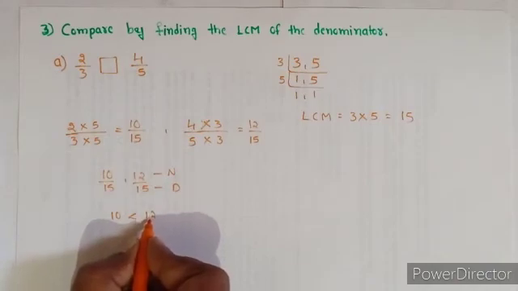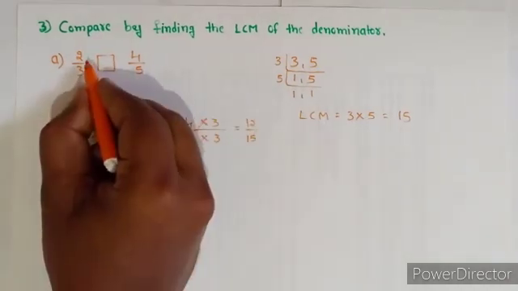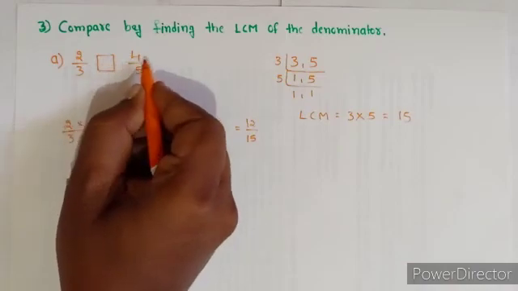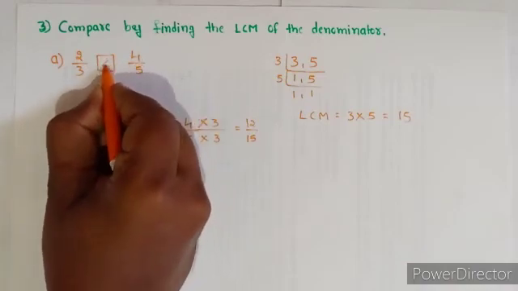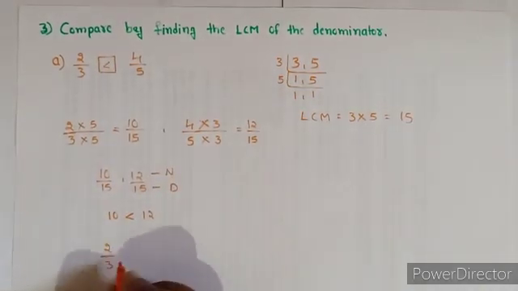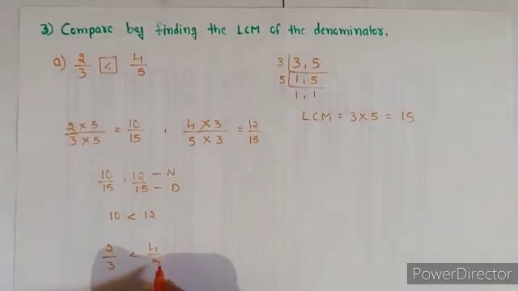So now comparing the given fractions, 2 over 3 is smaller compared to 4 over 5. So 2 by 3 is smaller compared to 4 by 5.